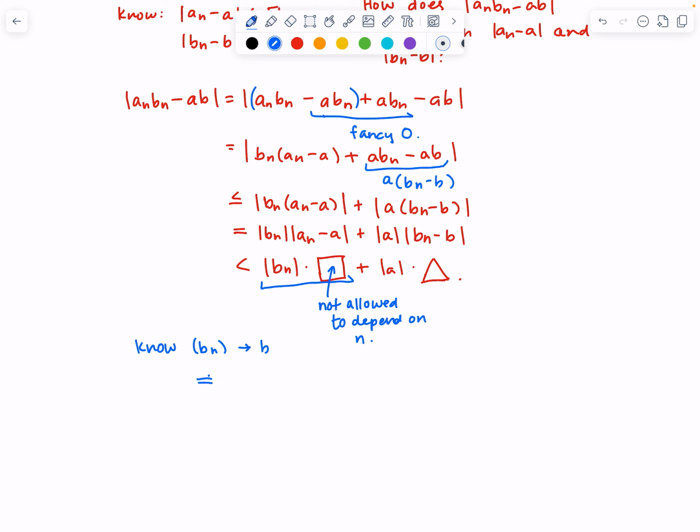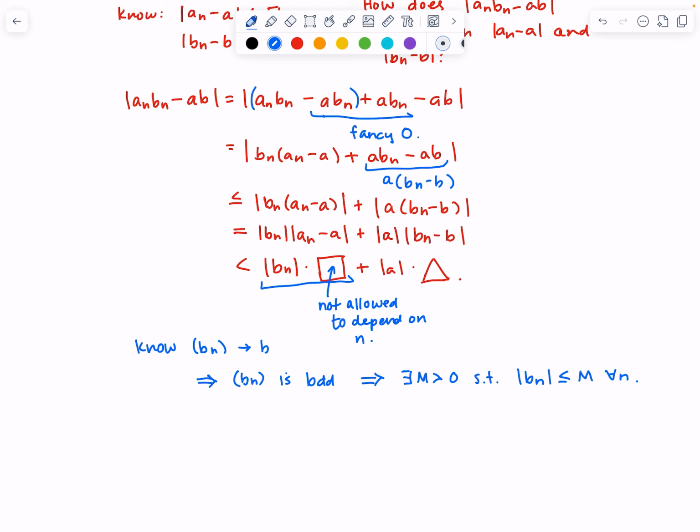But what that really tells us also is that Bn is bounded. And that implies that there's some m such that if I look at the absolute value of Bn, it's less than or equal to m for any little n that I pick.